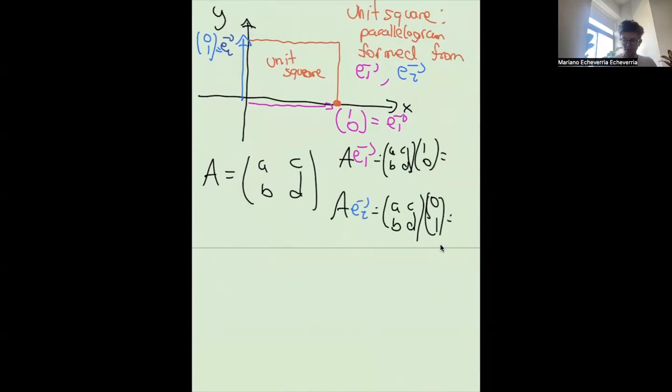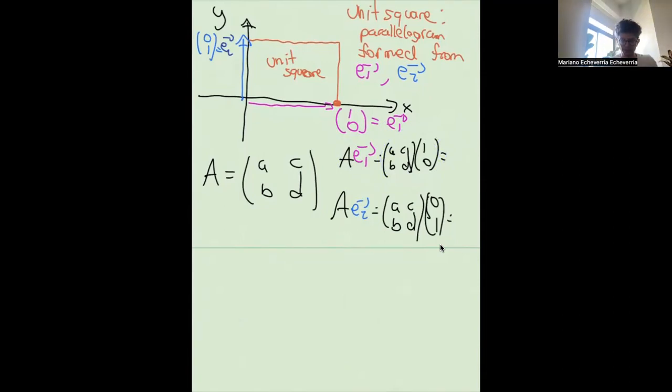What do you get if you do the first multiplication? Well, it's just the vector AB.